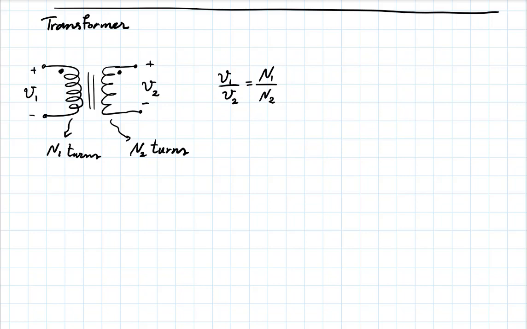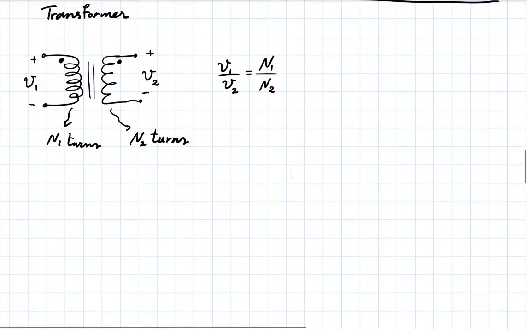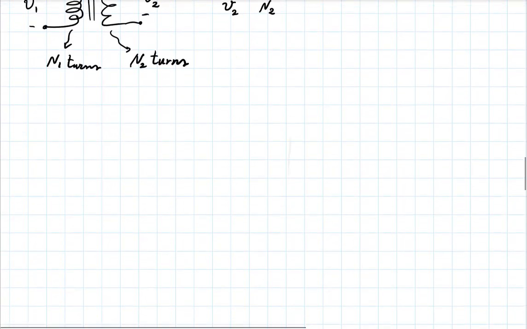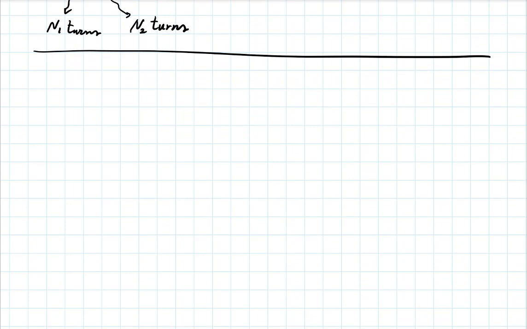And if you wanted to build a power supply, you would typically see, let's say you have your input at the wall, then a transformer, then your diode and resistor and capacitor. So the circuit might look like this.